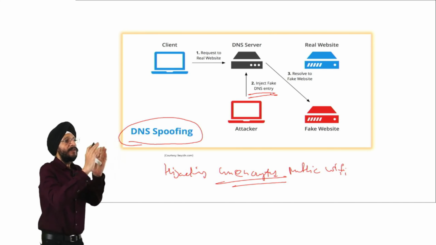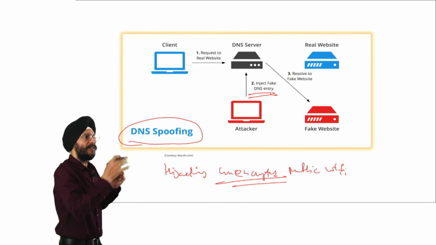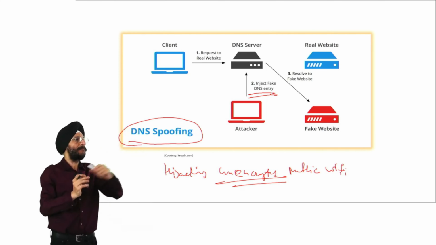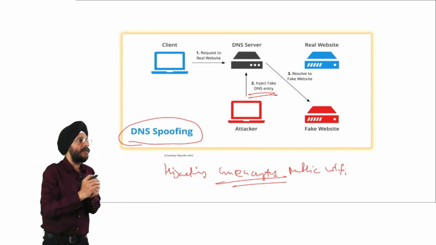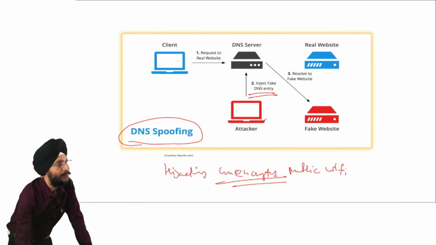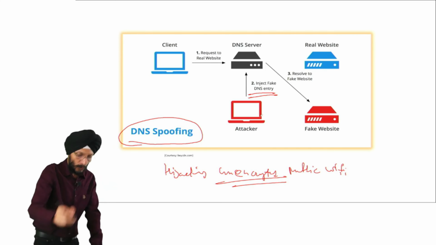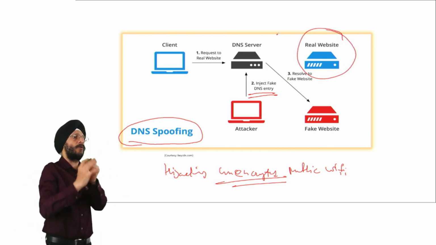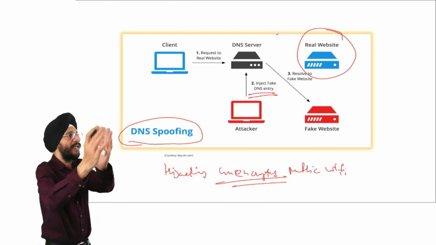That you may be using the correct IP address or the correct name of the website you will be entering, but due to the manipulation done by the hacker, your request will not go to the real website. You are trying to open your bank account or banking site. You are having account in say ABC Bank.